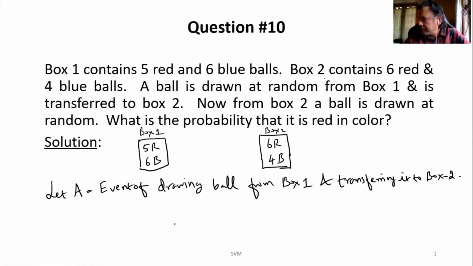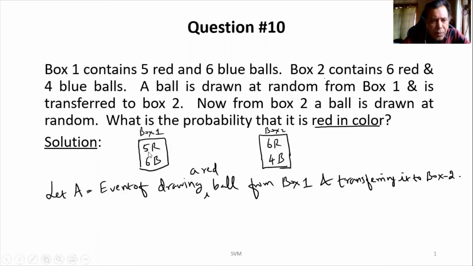Since ultimately we are interested in the color to be red, let me add one more: event of drawing a red ball from box 1 and transferring it to box 2.